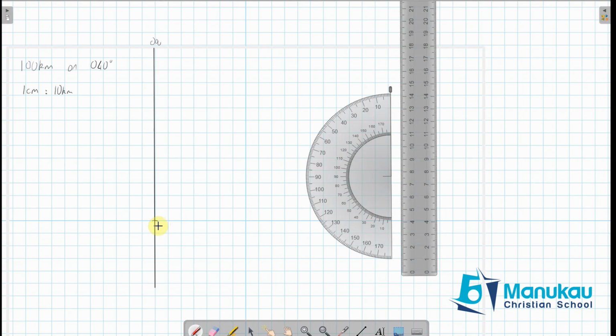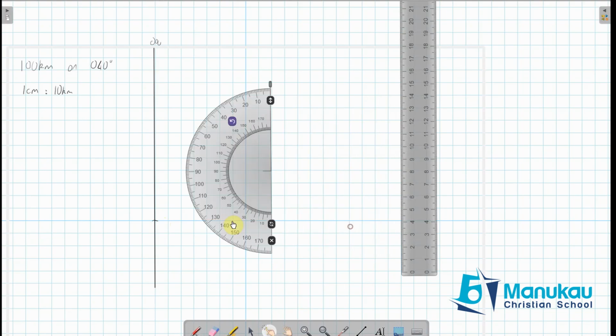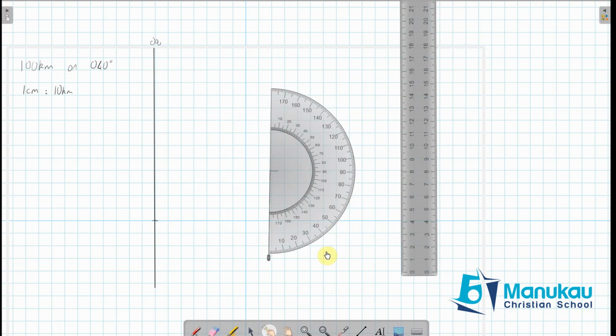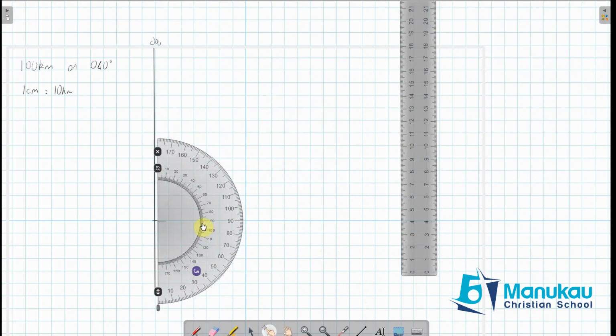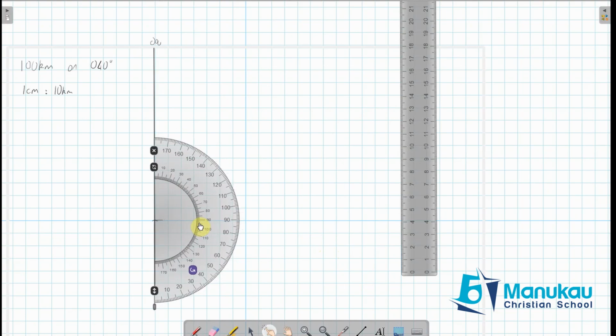Now, the bearing is 40 degrees. So now I'm going to get my protractor, and I need to make a bearing of 40 degrees. So I line up this little line with the crosshair there, like so, and then I'm measuring 40 degrees.